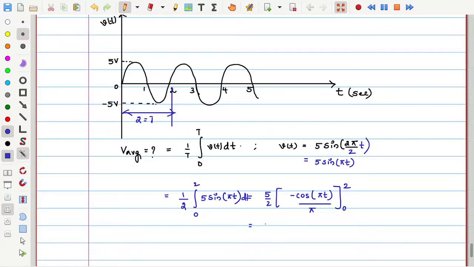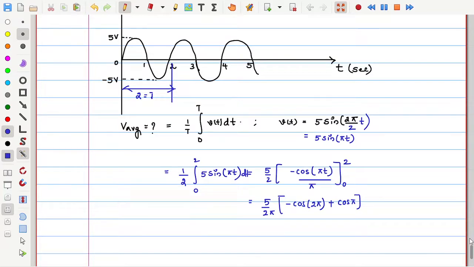Now, if we complete this, 5 by 2 pi, so minus cos 2 pi, I am substituting in place of t value 2, so 2 pi, minus minus plus cos pi. Now see how much is cos 2 pi?